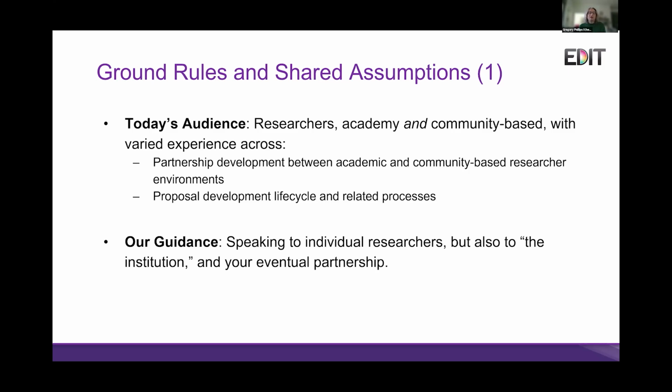So we're talking at multiple levels today, talking about partnership development more broadly between academic and community-based researchers, and going through what the proposal development lifecycle is, as well as processes that are related to this. We want this to be relevant not just to you as an individual researcher, but also to the institution you represent and to whatever partnership you might be developing in the future, either if you're at a community agency with an academic, or if you're at an academic institution with a community partner. We want this to be relevant for everyone.